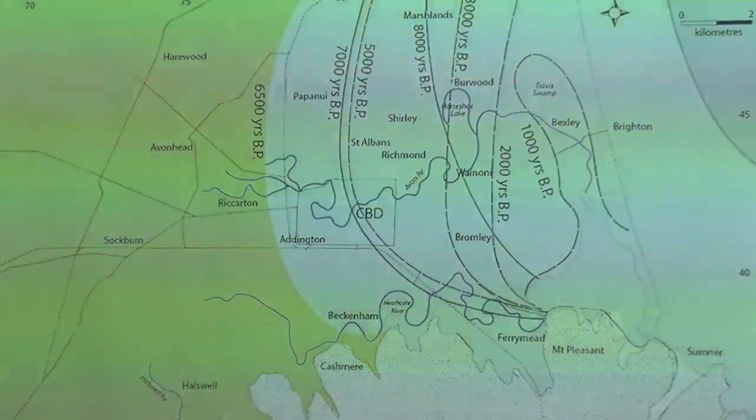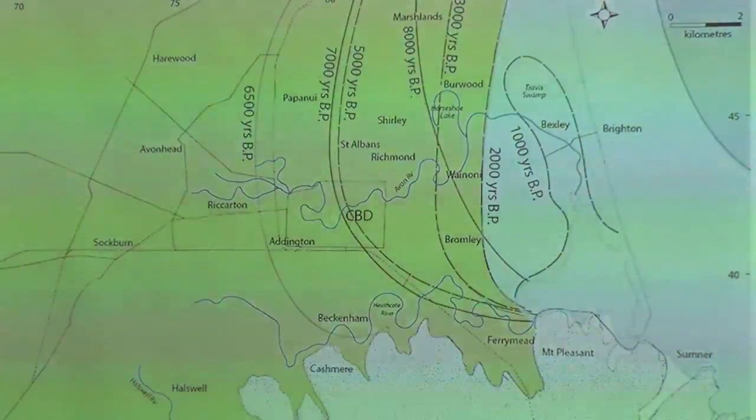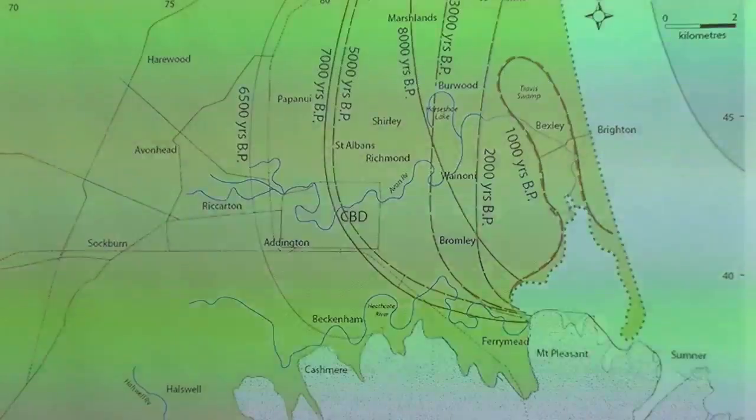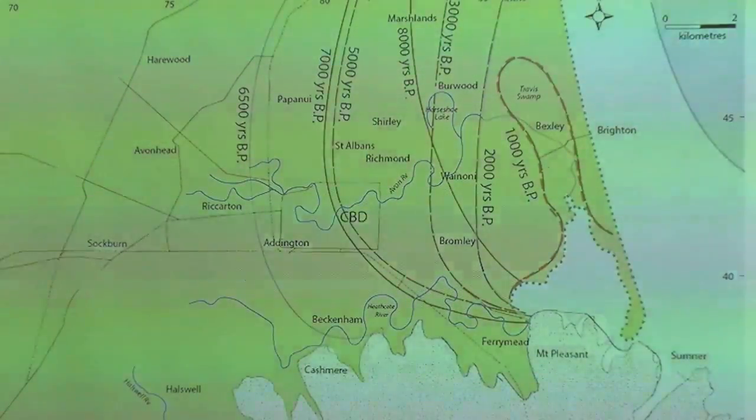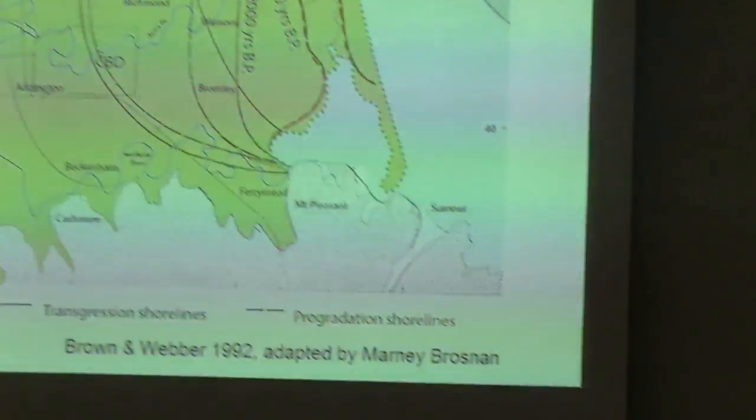And then over the next few thousand years, up to 2,000 years ago, and then more recently, with the growth of the spit, we've had a progradation, or a building seaward, of the shoreline. So we live on a very, very dynamic surface that was very recently a coastal feature.